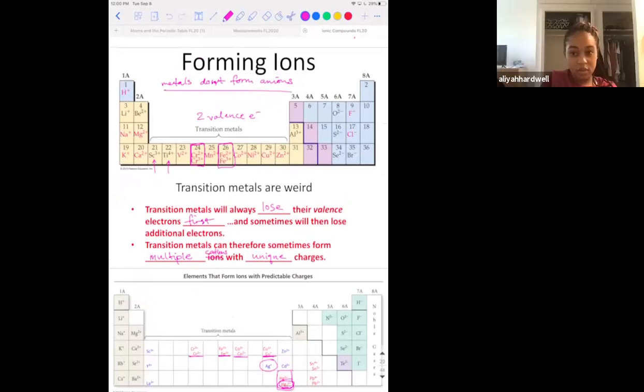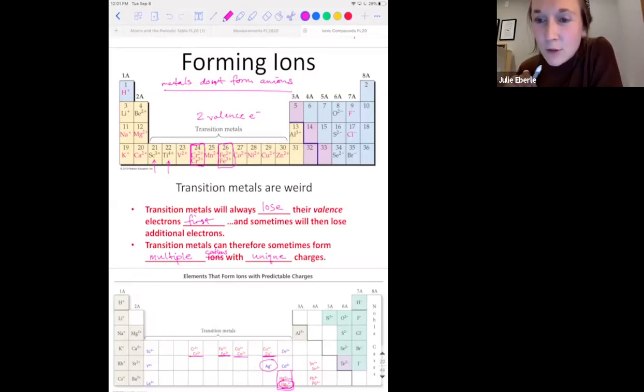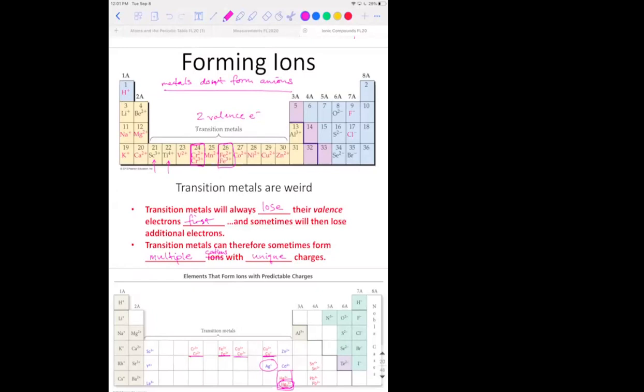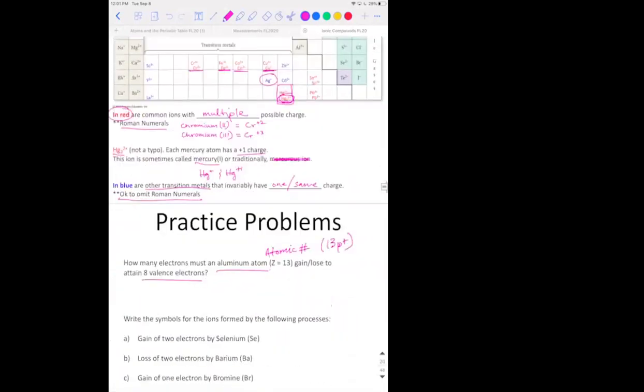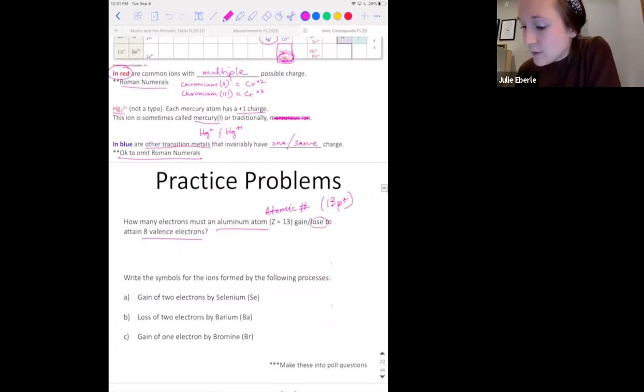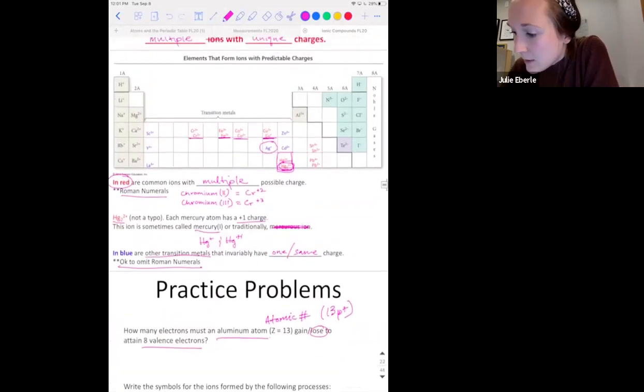So gain, no. When you gain electrons, you form anions, right? So if metals don't form anions, they form cations. So what do you have to do to become a cation? Lose electrons. So it is going to lose how many? Well, what group is it in? Aluminum, it's already written for you. It's in main group 3.